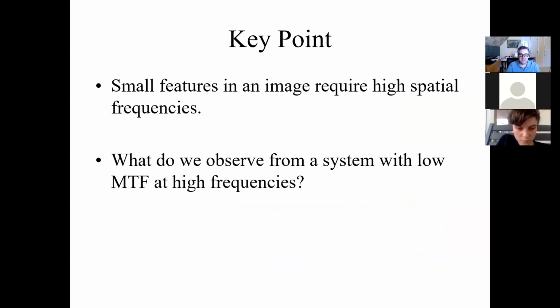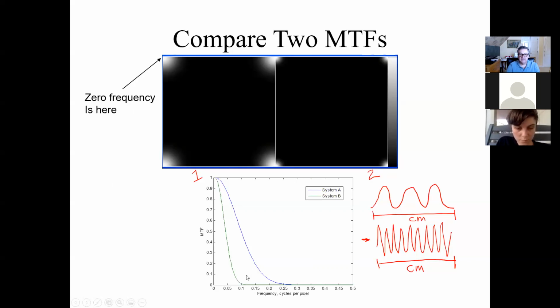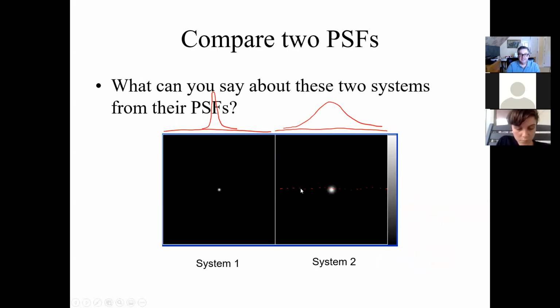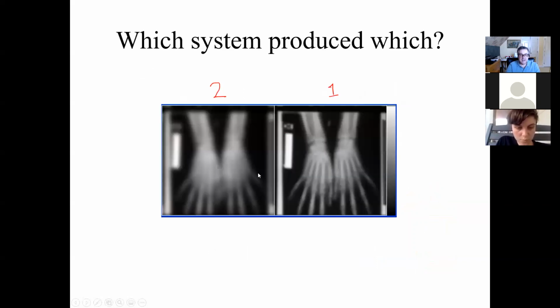And so as a result, a system with a lower MTF at the high frequencies, such as system B here, or system 2, as in this case, is not able to retain the detail of the original.